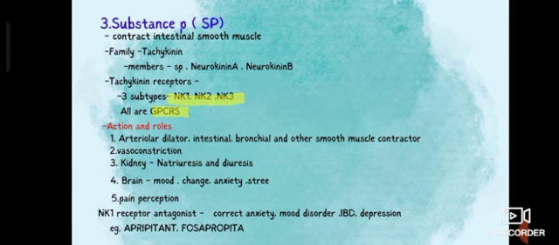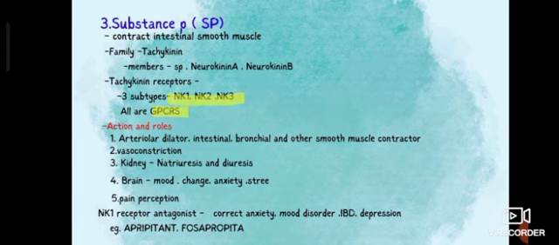Actions and roles of substance P. First is arteriolar dilatation, and intestinal, bronchial, and other smooth muscle contraction. Second is vasoconstriction. Third, its action on the kidney is natriuresis and diuresis. Fourth, its action on the brain is mood change, anxiety, stress, etc. It also causes pain perception.